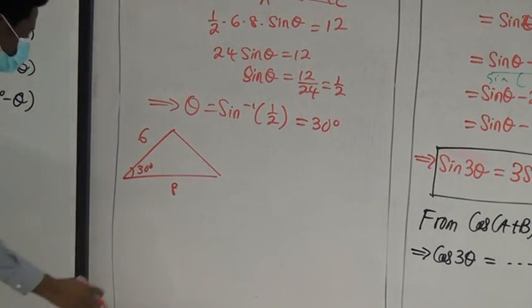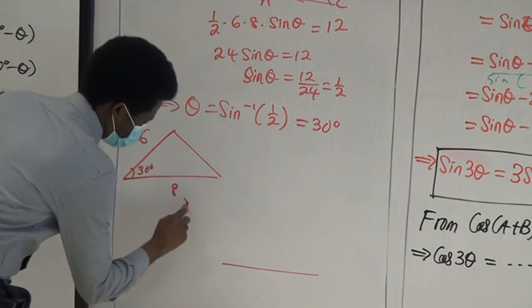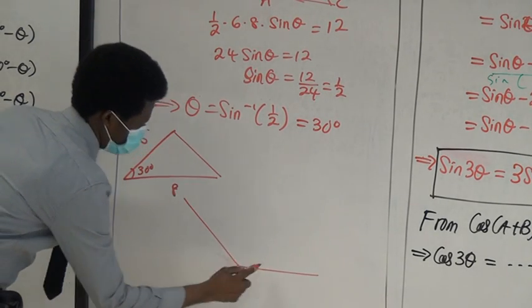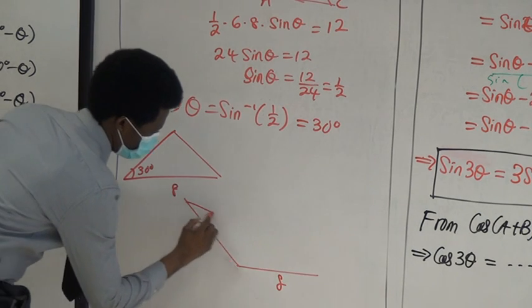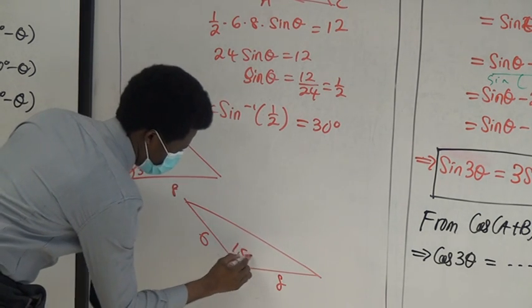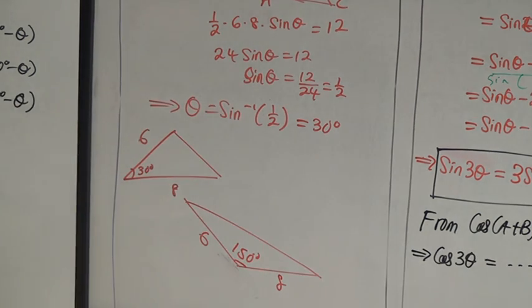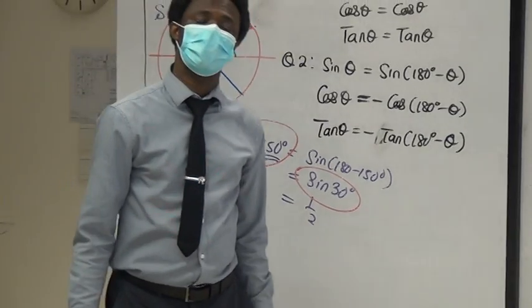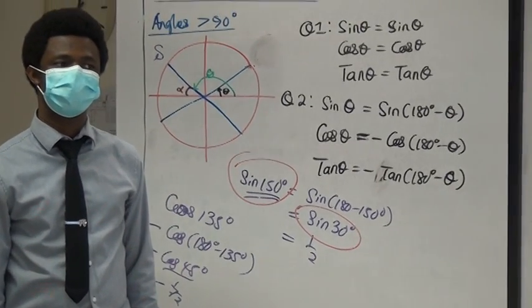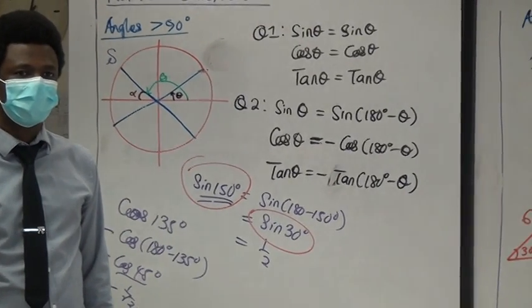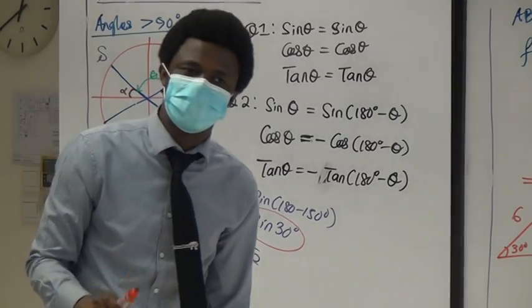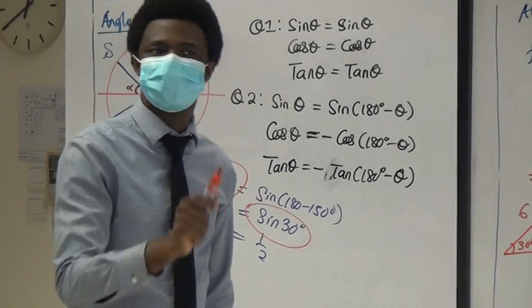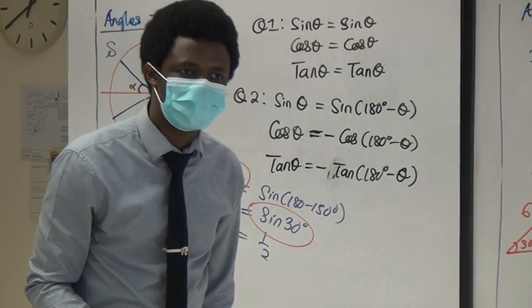What you fail to realize is, this is another. Why is that? Because sine 30 and sine 150 are the same. Does that make sense?